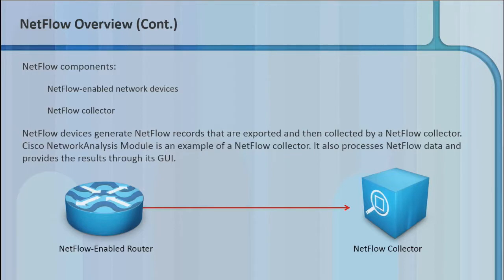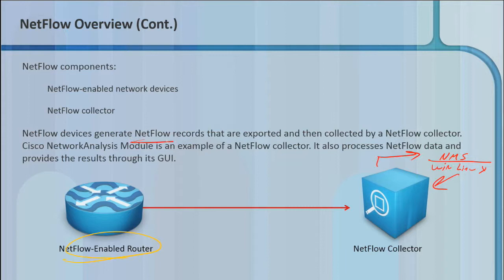And the components are 2 pieces. You need a NetFlow-enabled router or switch or ASA and a NetFlow collector. Your NetFlow collector would be something like a Windows or Linux box, with some type of network management software on top of it that has NetFlow capabilities, like Lancope or Scrutinizer, Cisco Prime, SolarWinds, and so forth.